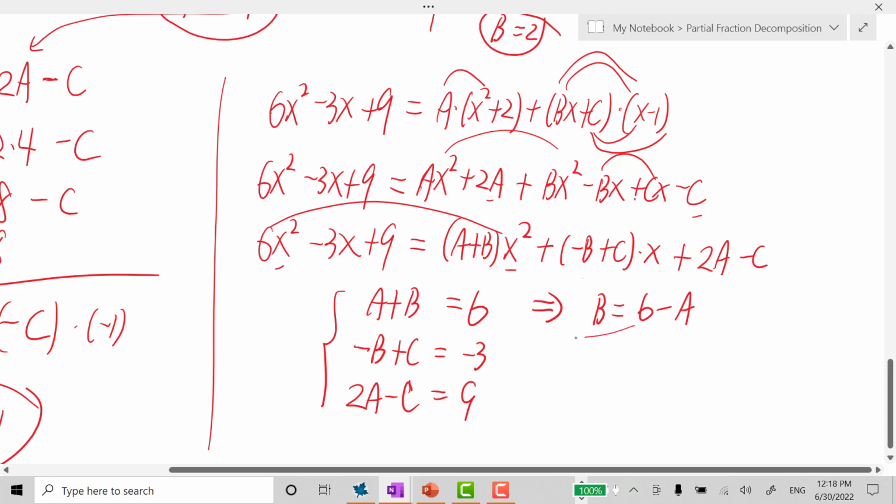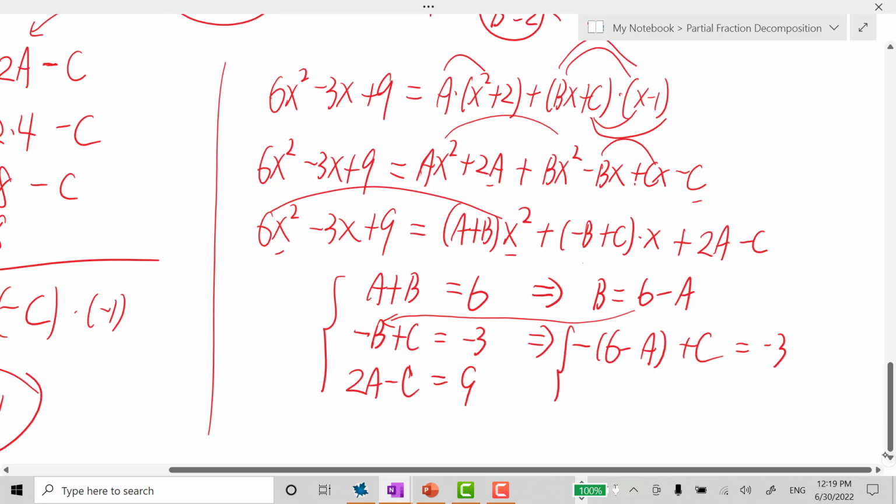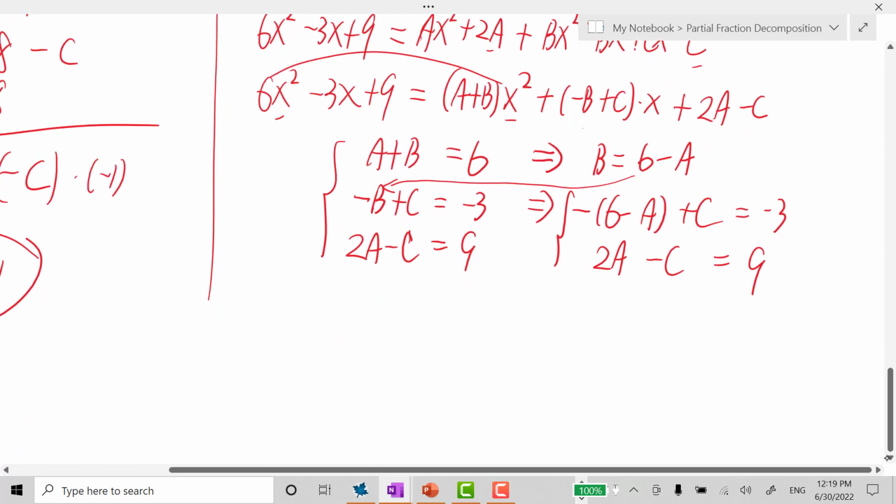Then it goes into the second equation, which becomes minus 6 minus a plus c equal to negative 3. Now these two equations, together with 2a minus c equal to 9, only have variables a and c.